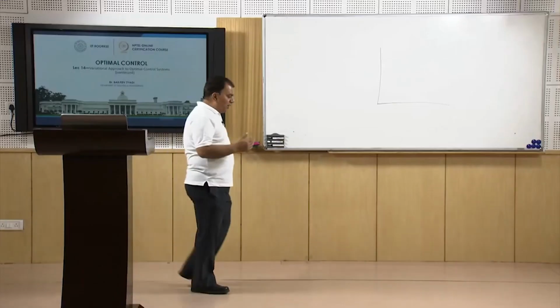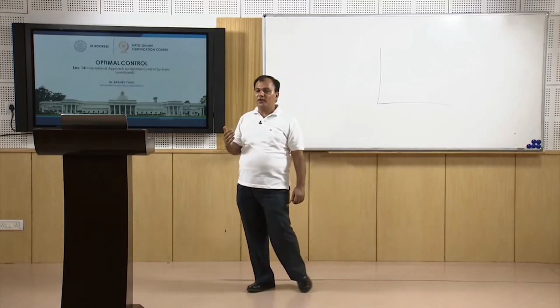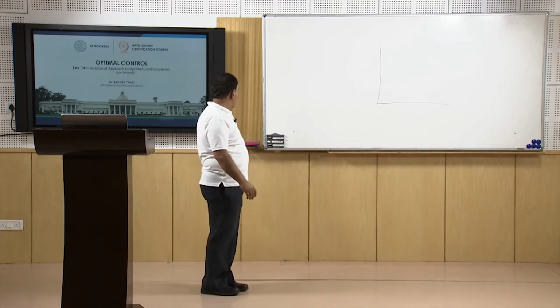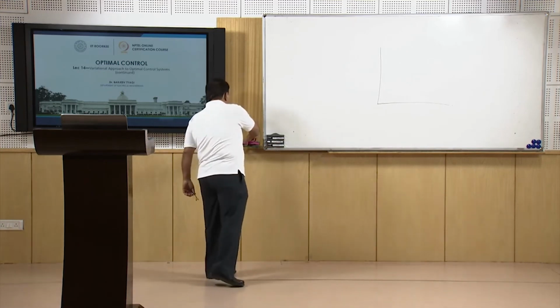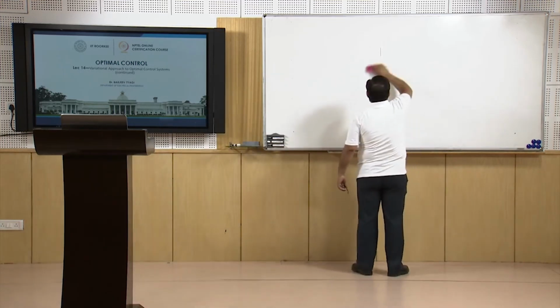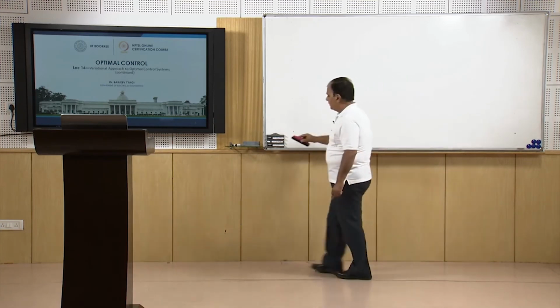These endpoint conditions can be utilized if we are solving a problem. Next we will take up an example and see how we can apply the Hamiltonian approach to solve an optimal control problem.